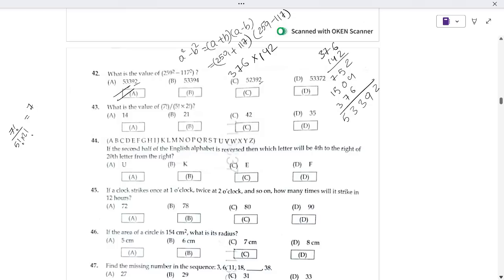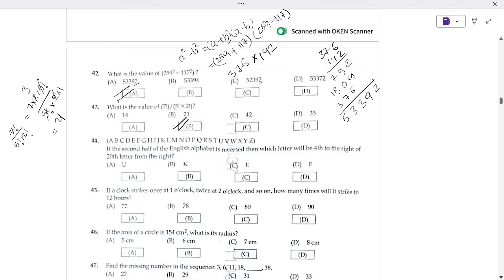So here 7 into 6 into 5 into 4 and so on. Below, 5 factorial will be 5 4 3 2 1, and 2 factorial is 2 into 1. So 5 4 3 2 1 cancels, and 2 cancels, that means 7 3 times is 21. B is the answer. Next one.